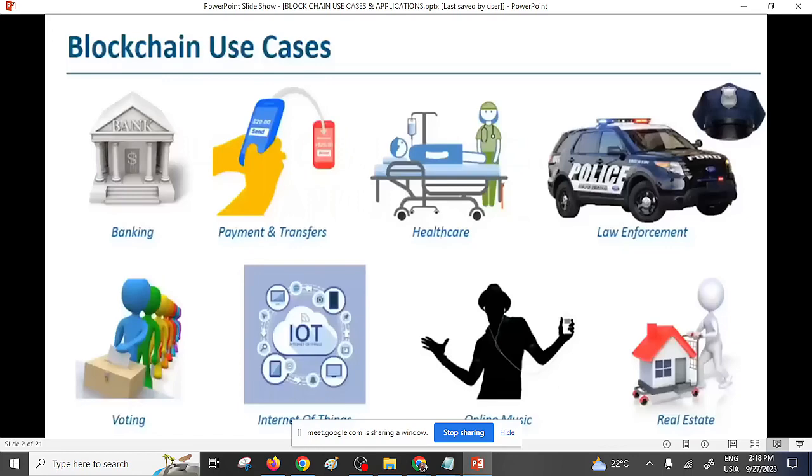And in fact, when we talk about Internet of Things, this is where the main use of blockchain comes in, because with the Internet of Things, we connect a lot of devices within the world. Like at home, you have different devices that need to be connected. So you have to ensure that they are secure.